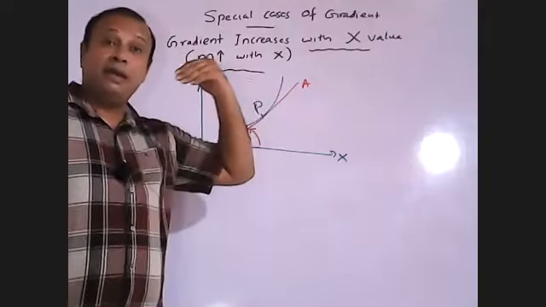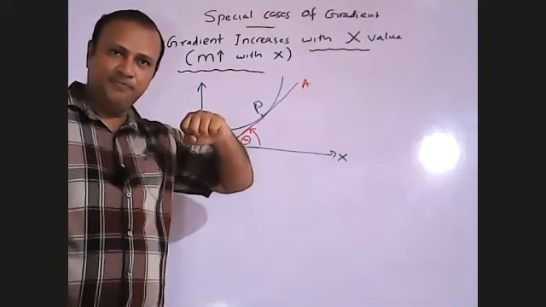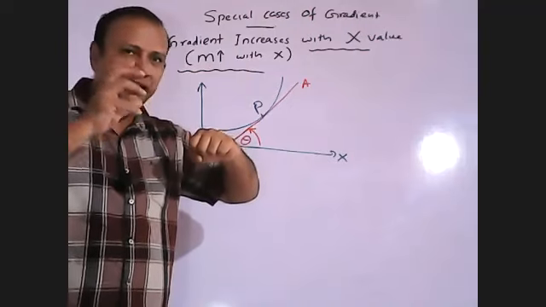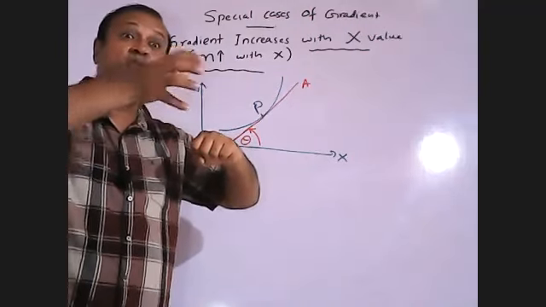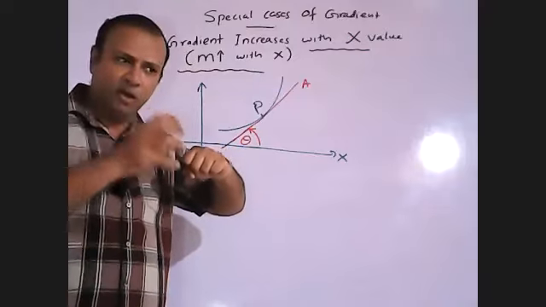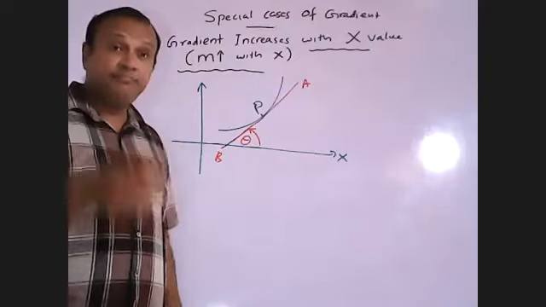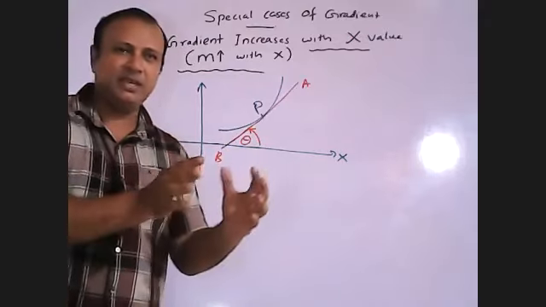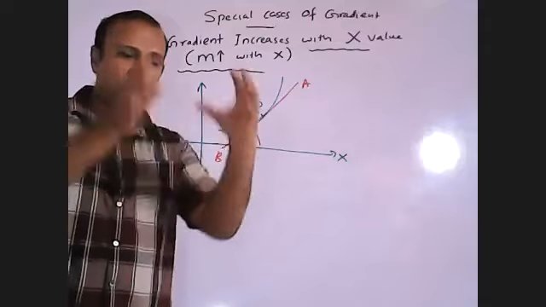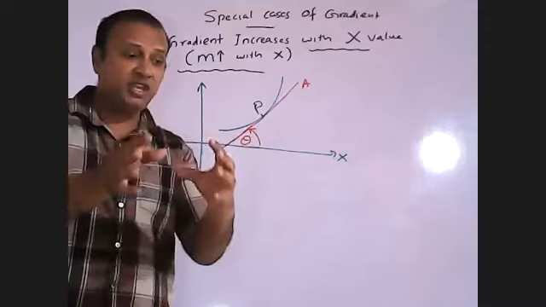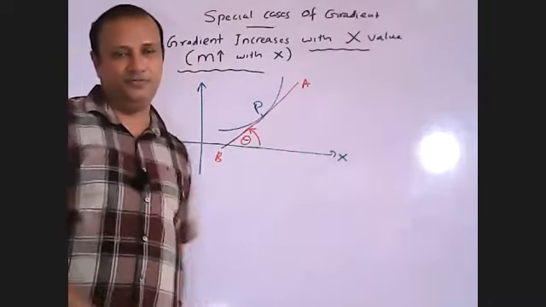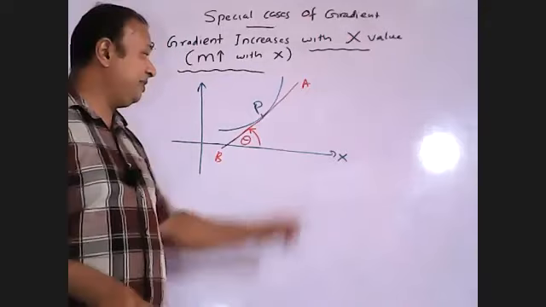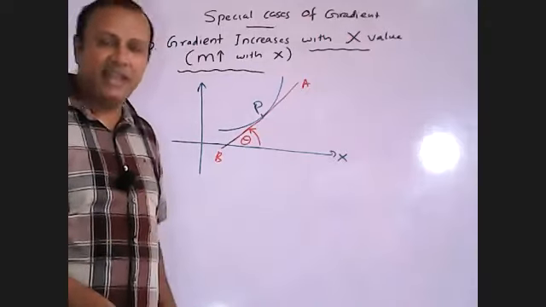So if I want to determine the variation of a gradient, that means you have to determine the variation of a tan value. That's why I determined the range of the angle.